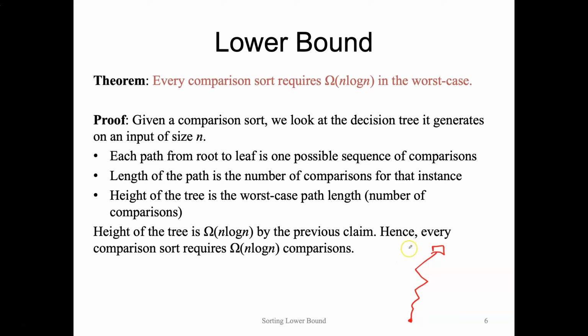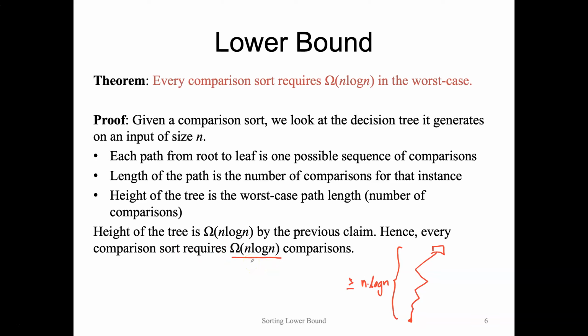The number of comparisons that some comparison-based sorting algorithm takes is based on the length of this path. And the longest possible path that we could have is the height of our tree. And we know that's at least n log n times some constant. So every comparison-based sort requires this many comparisons in the worst case.